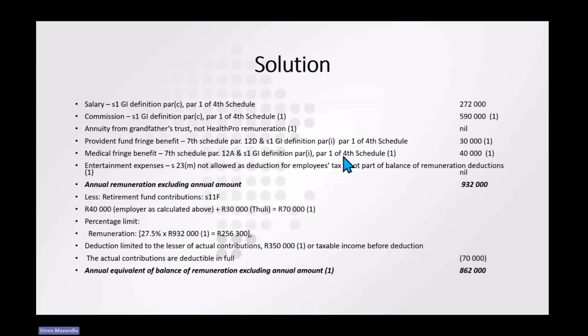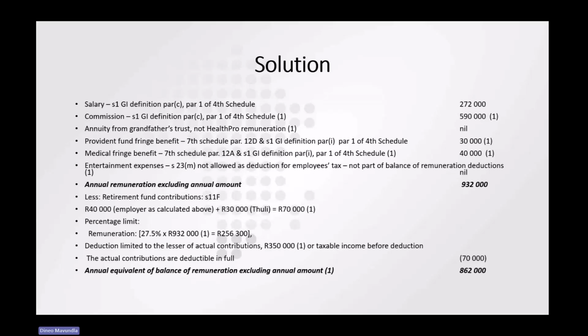So they tell us that the salary is included as part of section 1 of the gross income definition, paragraph C, and also paragraph 1 of the fourth schedule. The 272,000 Rand, the commission, is in terms of paragraph C of the gross income definition. And then again, paragraph 1 of the fourth schedule, there you would have gotten 1 mark.